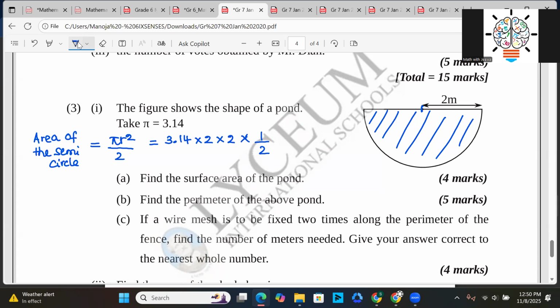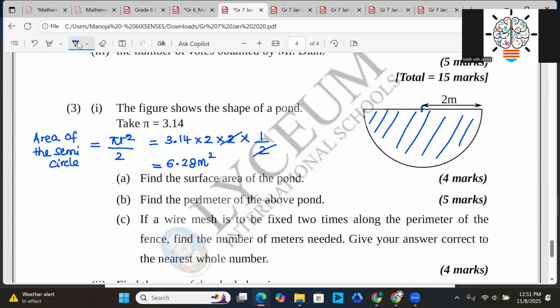So then I can simplify this 2 and this 2. So then I have the answer 6.28 centimeter squared. Oh, sorry, it is meter squared. The unit it is in meter squared, right? 3.14 when I multiply by 2, it gives me 6.28.